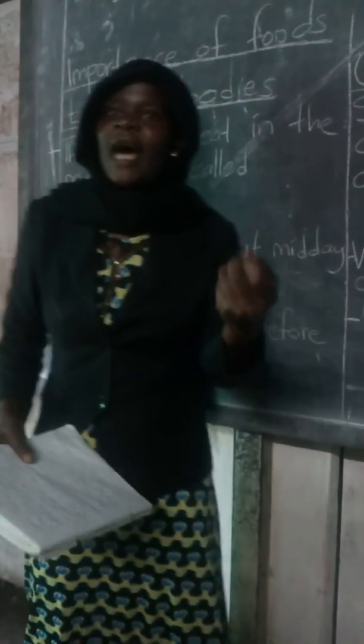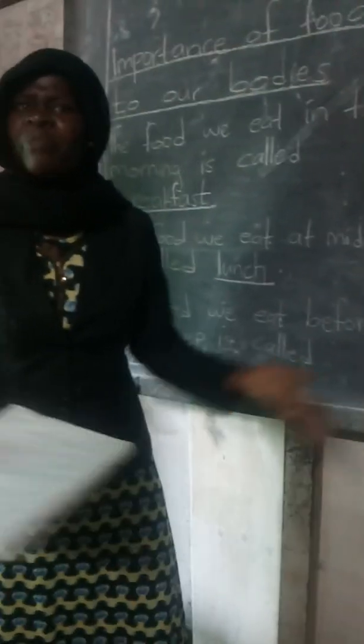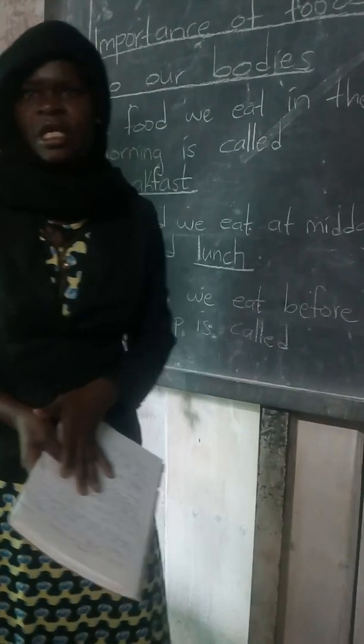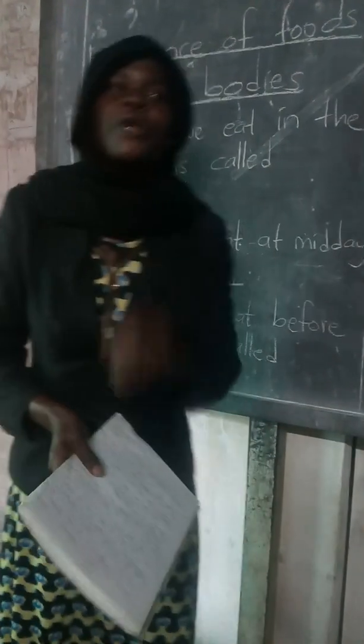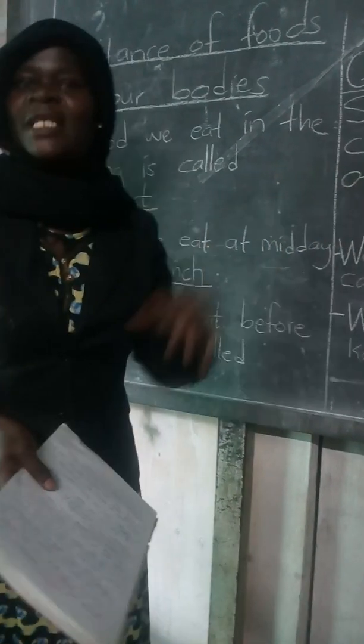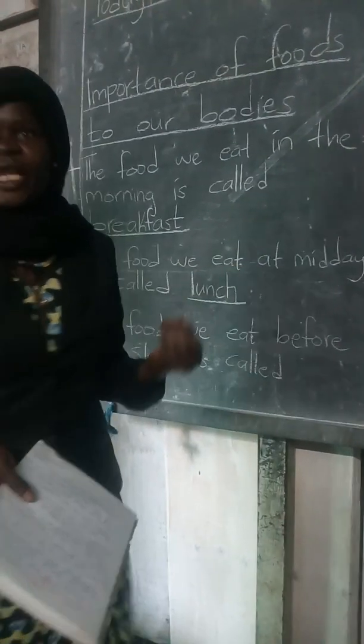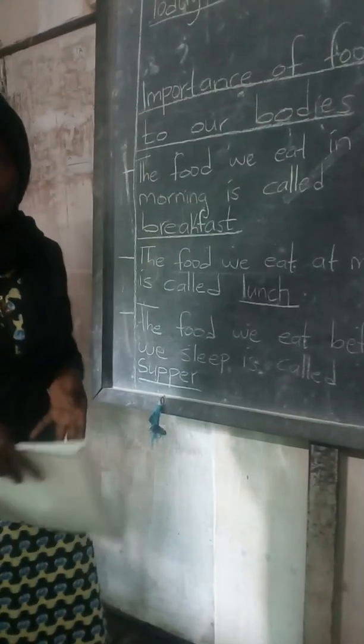Examples of snacks are popcorn, biscuits, orange, banana, and many others. And I would like you to think of some of the snacks that you usually carry to eat while you are in school.